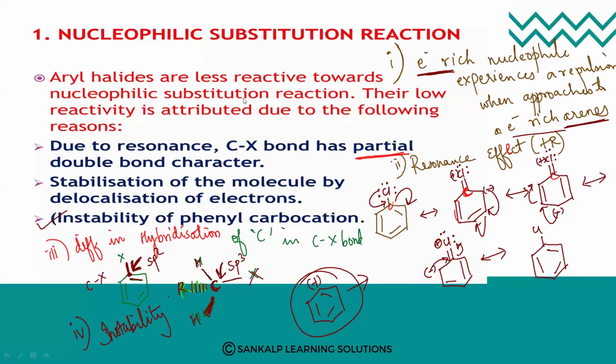Ma'am, how many elements do we need to remember, the atomic number and the atomic mass? For what do you want to remember? Up to 30, you need to know.